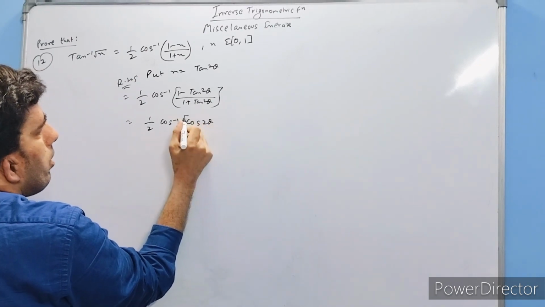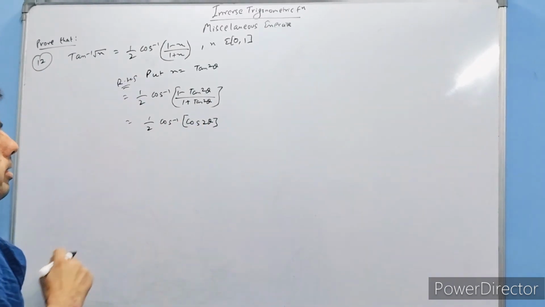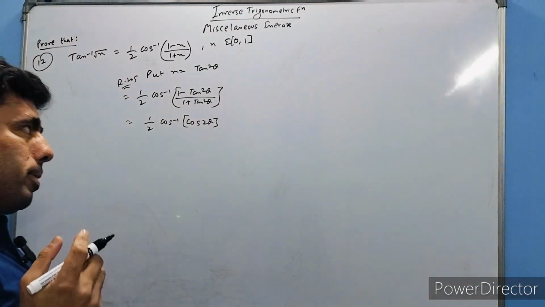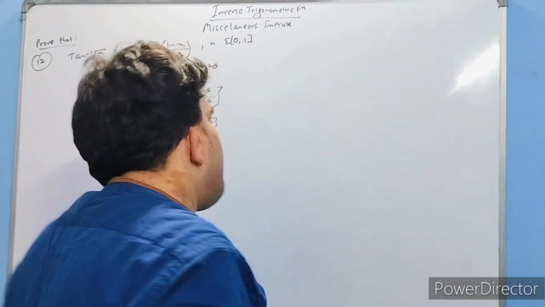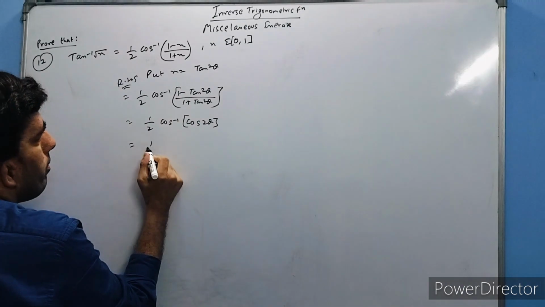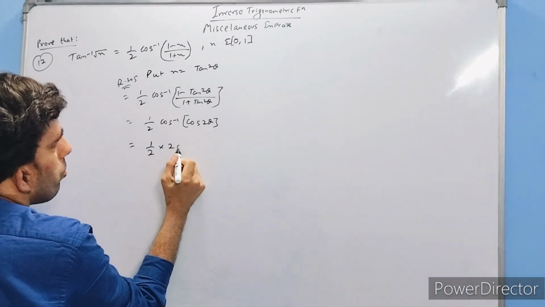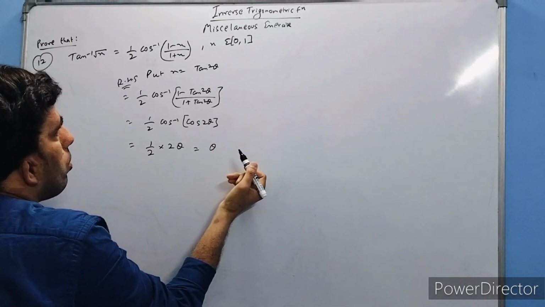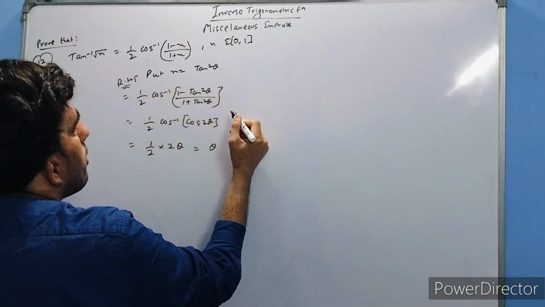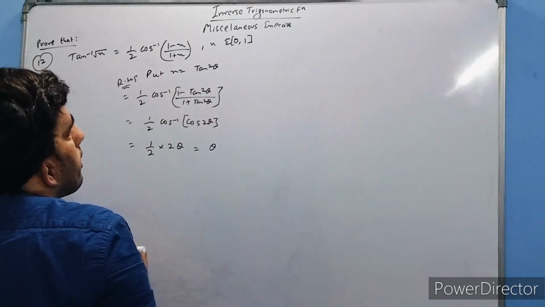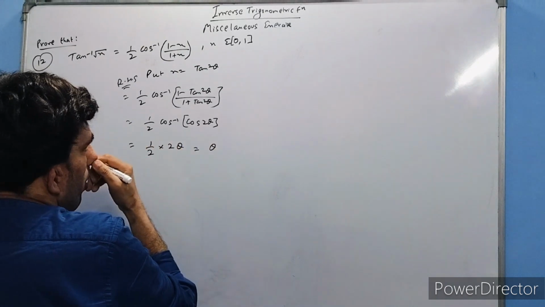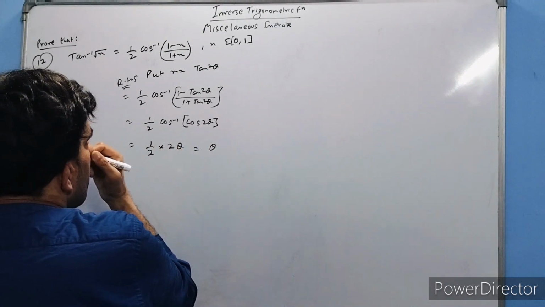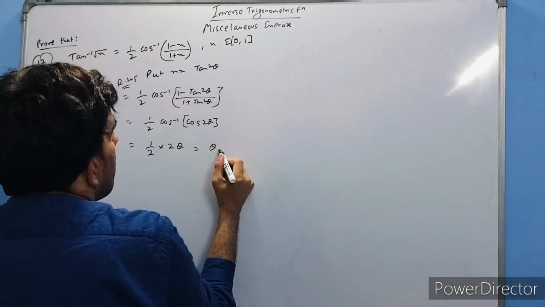Now the formula of cos 2 theta in terms of tan is 1 minus tan square theta upon 1 plus tan square theta. So now we have half into 2 theta, that is theta. If I take the square root of x is equal to tan square theta, we'll get root x is equal to tan theta.